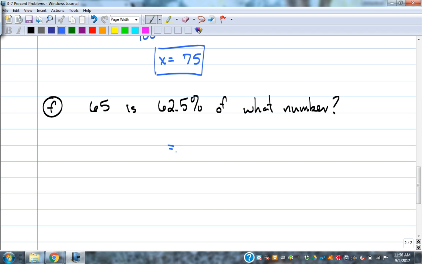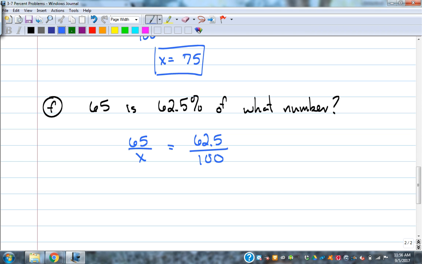What should one side of it be? 65 over x. 62.5 over 100. Good job. Absolutely. 65 is, so that's the is over of what number? That's the x, or whatever letter you want to use.